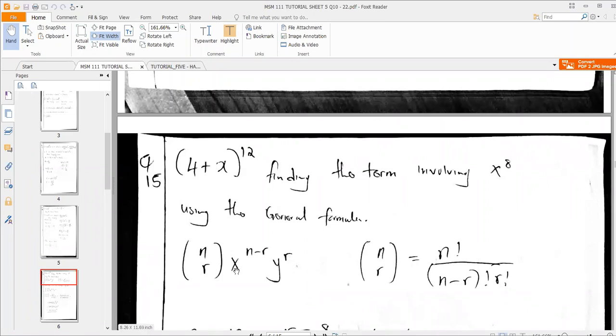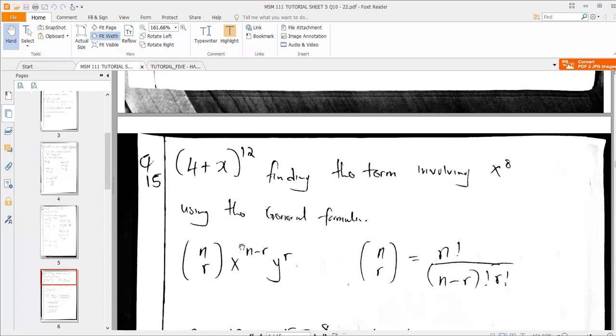So now we know that n choose r can be written as n factorial over n minus r factorial, r factorial, isn't it? So this is the general formula. I think we'll be using it in this question, isn't it?